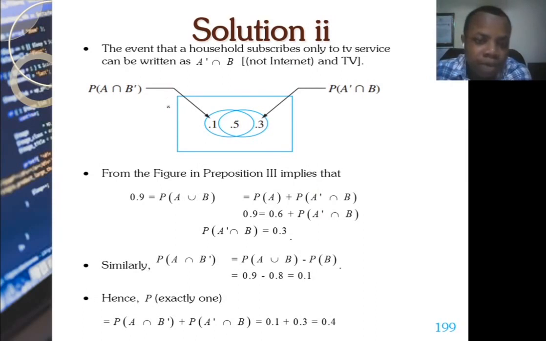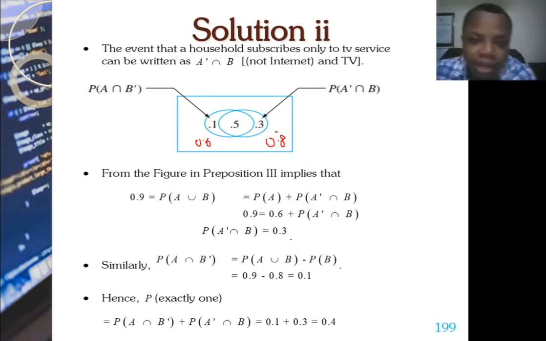If we were to represent our question in a Venn diagram, this is how it's going to be. Remember that the intersection was equal to 0.5, the internet service event is 0.6, and this one happens to be 0.8.